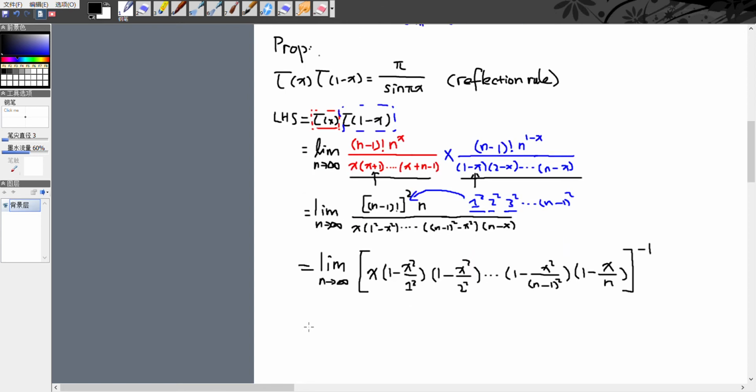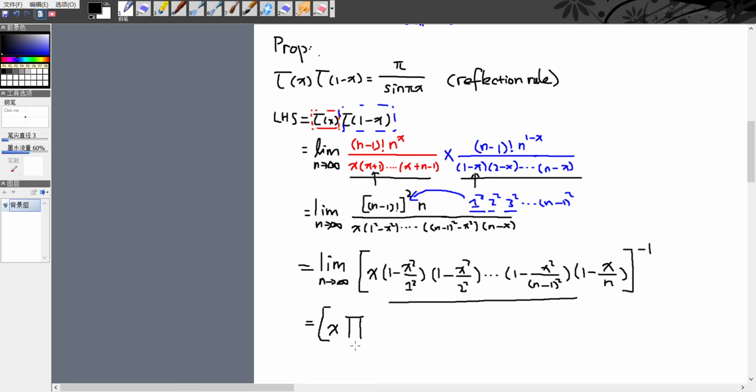and now I'm going to rewrite this expression by using a different notation. And this will be equal to x times this term.